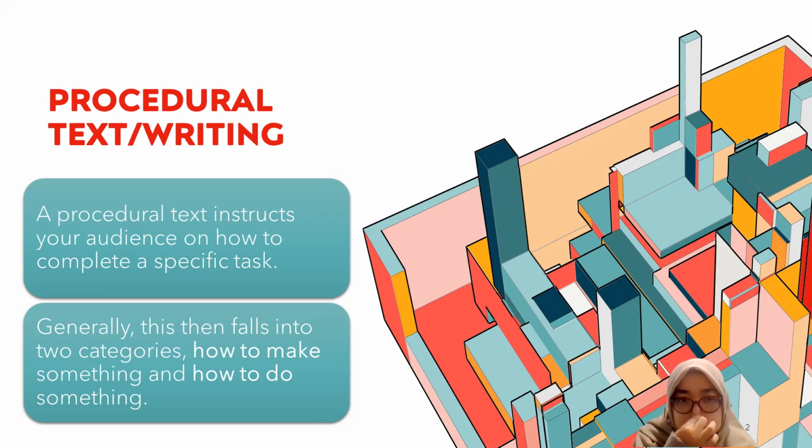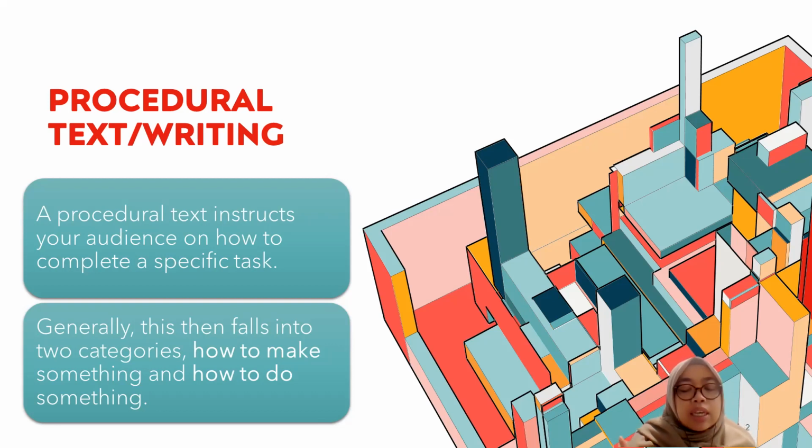Generally, this then falls into two categories: how to make something and how to do something. So again, it's the general form. One is how to make something, or the other one is how to do something. You can also make your own coffee while you're listening to this video.